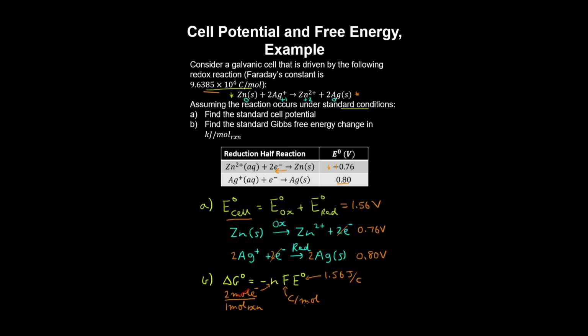So these units cancel. And to get this in kilojoules, we multiply by 10 to the minus 3, which gives the following result. Using two significant figures.